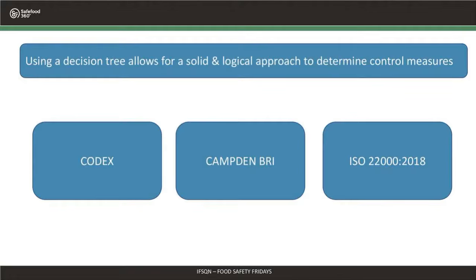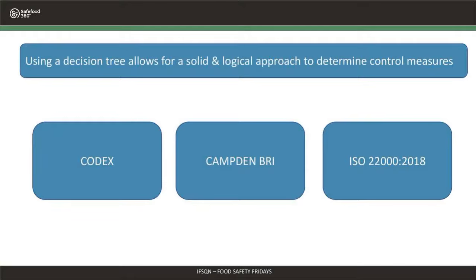Using a decision tree allows for a solid and logical approach to determine control measures and will also show an auditor how you arrived at your decision. So a decision tree can be used for this.